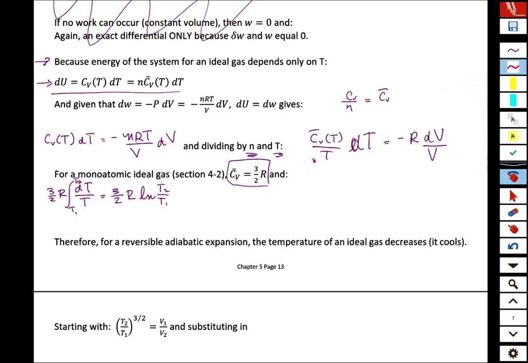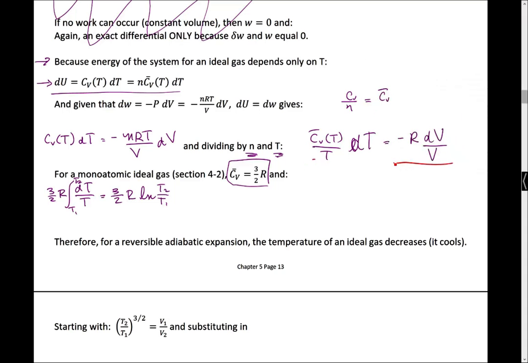All right, so I'm also going to look at the right side of this, right? So what I've got is minus R dV over V. So I've got minus R integral from V1 to V2 of dV over V, right? So that's going to be minus R ln of V. And because we're going from V1 to V2, that's going to be the natural log of V2 over V1. Okay?